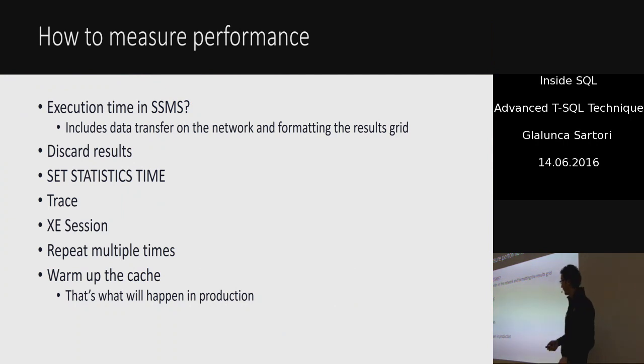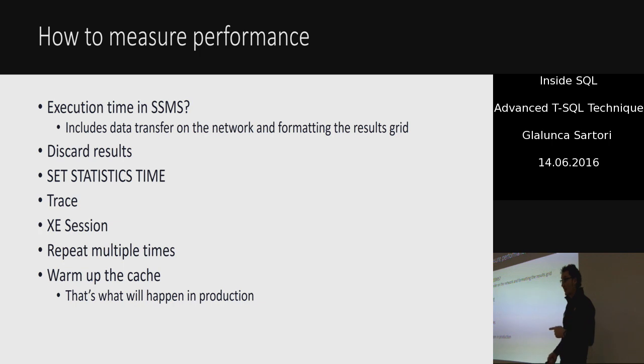And also, if we discard the results, it also discards the messages, which is where you get the information from set statistics time, which is another possibility. So really, we're stuck. The only way to measure correctly the performance is to trace the execution with a SQL trace or an extended event session, and then pull the time from that trace or extended event session.